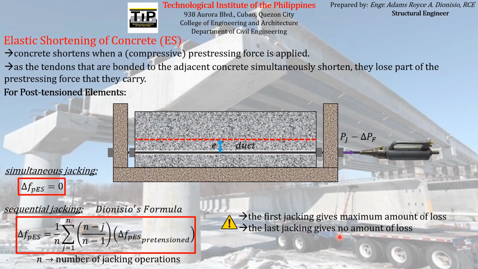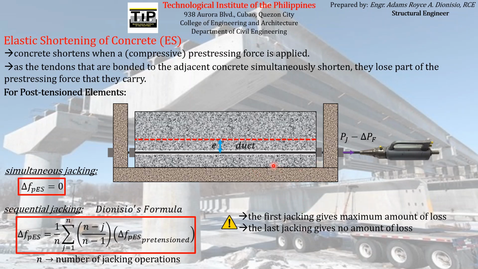So if the pre-stressing reinforcement is composed of several tendons, say for example 10 tendons, and they are jacked sequentially, say one at a time, you can expect that the first jacking operation on the first tendon will give a maximum amount of loss. That particular tendon will experience the maximum amount of loss expected to be experienced by the pre-stressing reinforcement.